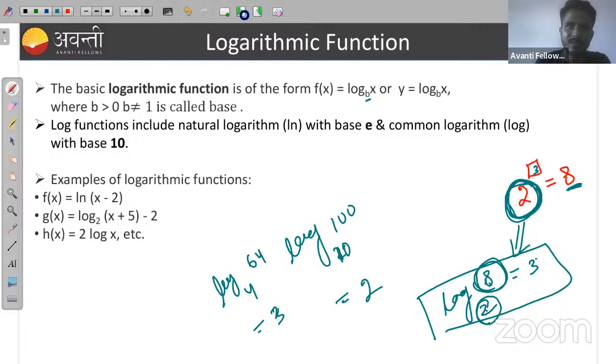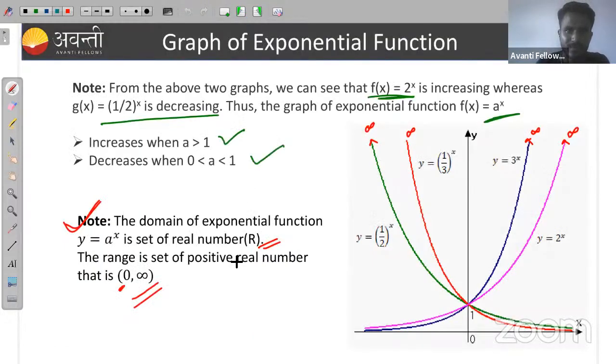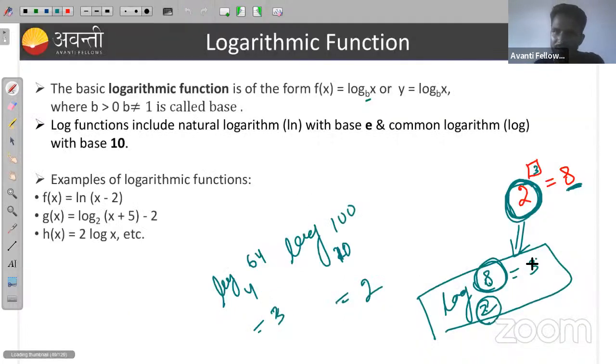Now you can choose a sir. One thing I noticed ki when there is an exponential function, the range is 0 to infinity. That means the y values, a to the power x is equal to y, y belongs to 0 to infinity. And whenever we write log, this 8, yes or no? This 8, right?